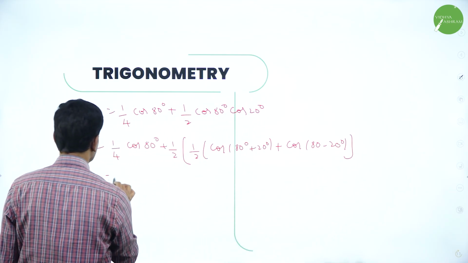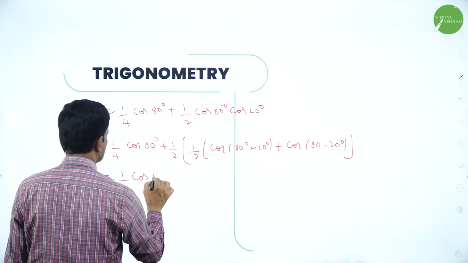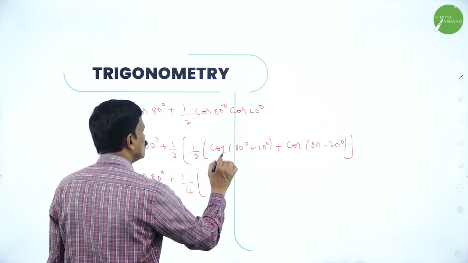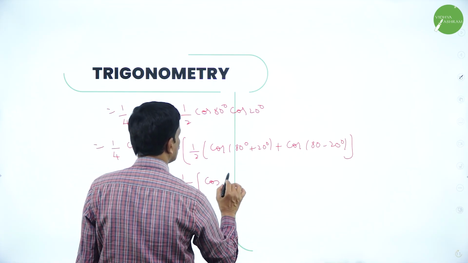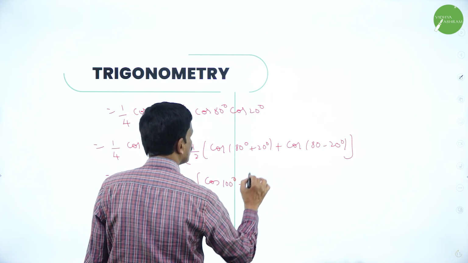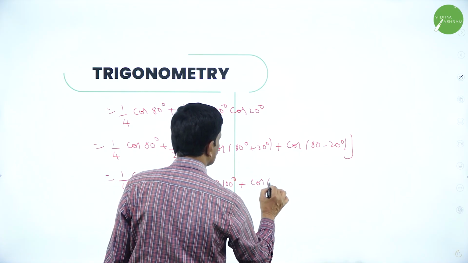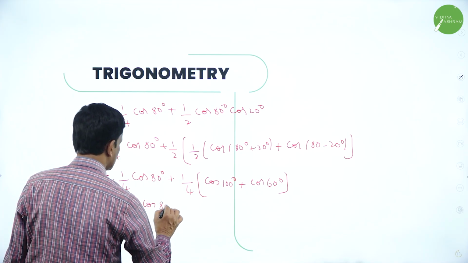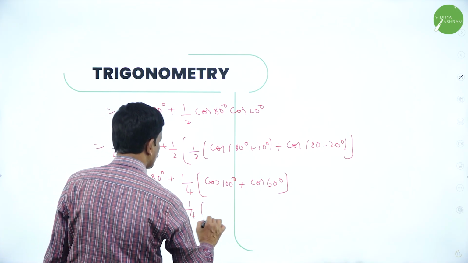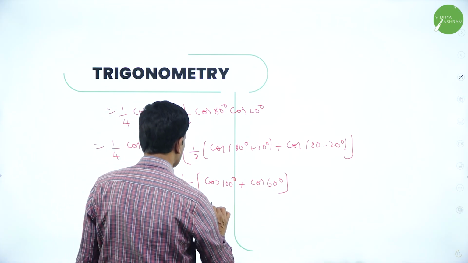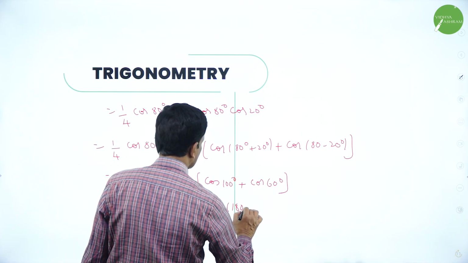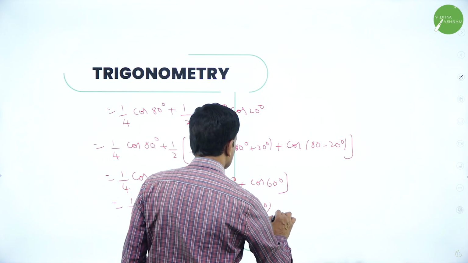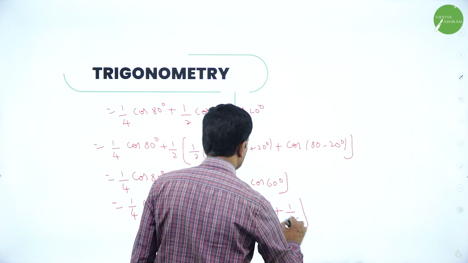Now this is equal to 1 over 4 cos 80 as it is, plus 1 over 4 into cos of 100 degrees plus cos 60 degrees. So 1 over 4 times cos 80 degrees plus 1 over 4 into cos 100, which can also be written as cos of (180 minus 80), plus cos 60. What is cos 60? Cos 60 is 1 by 2.